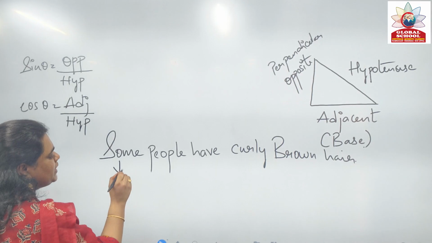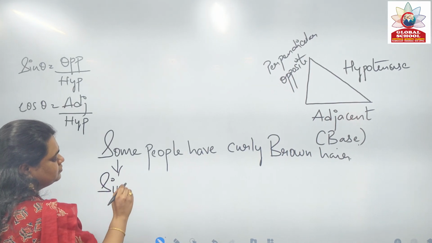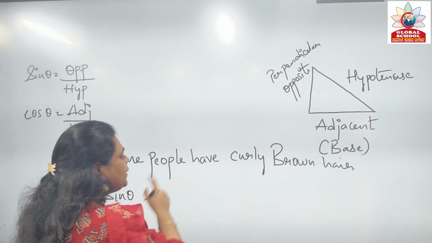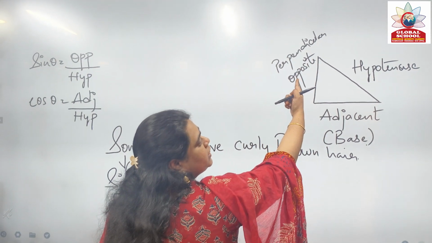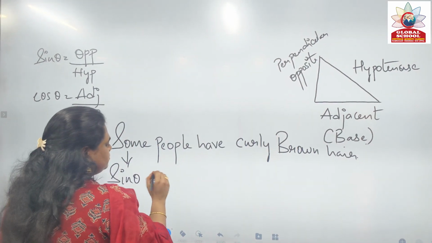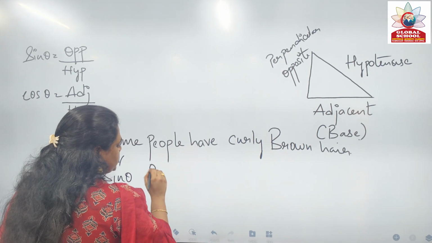Here the some indicates sin theta. Coming to people, it is nothing but perpendicular. Perpendicular is also termed as opposite. So let us write perpendicular or opposite.